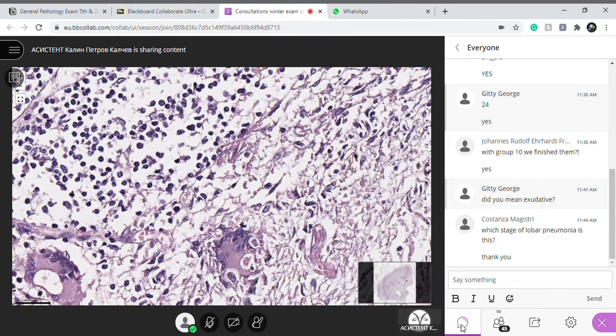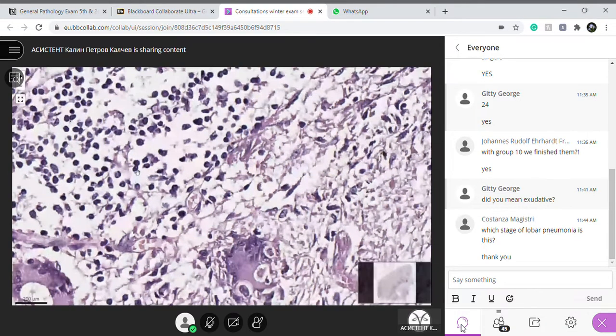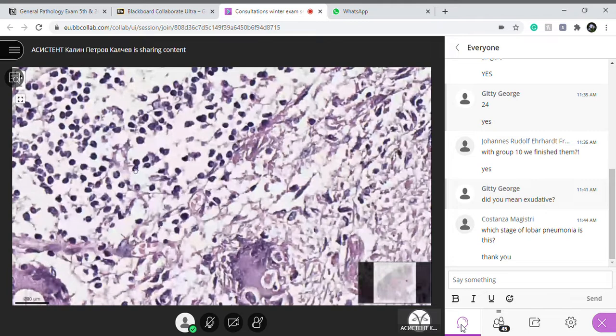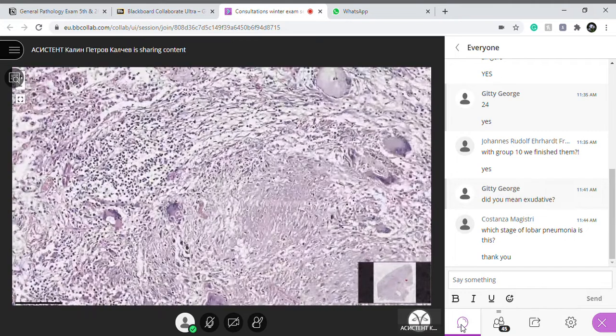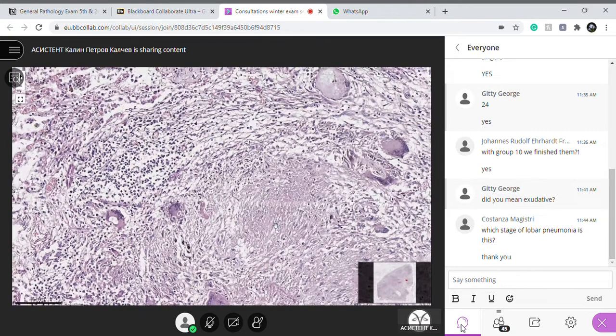The only difference between the tuberculous granuloma and the syphilis granuloma is that in syphilis granuloma, we have no lymphocytes there, but they are substituted by plasma cells. So that makes this granuloma specific, and we can tell instantly that this is syphilis.